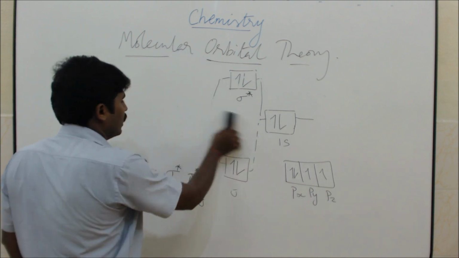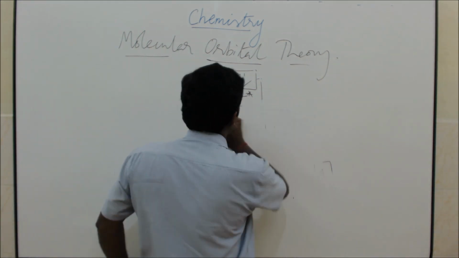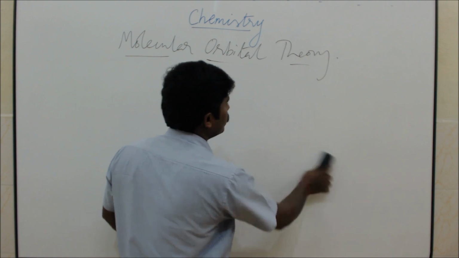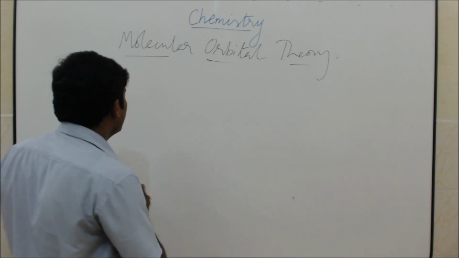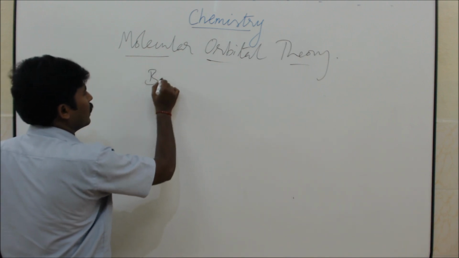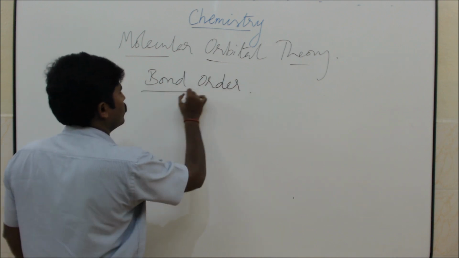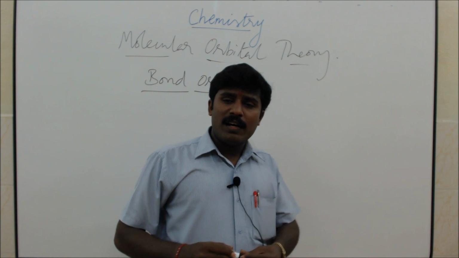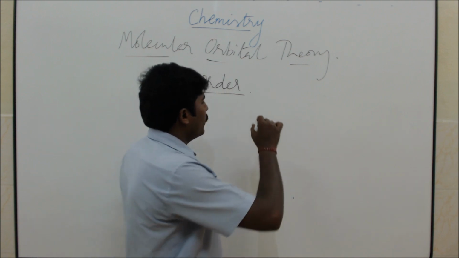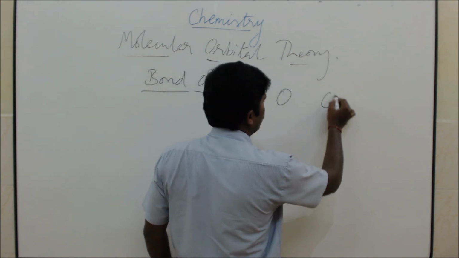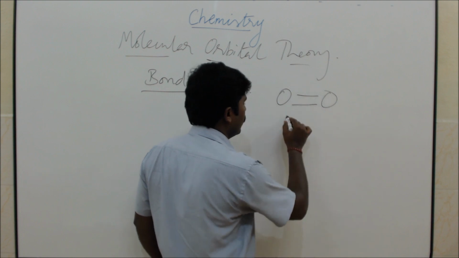What is bond order? MO theory is over. Then what is bond order? For example, oxygen, oxygen, you can write a double bond.